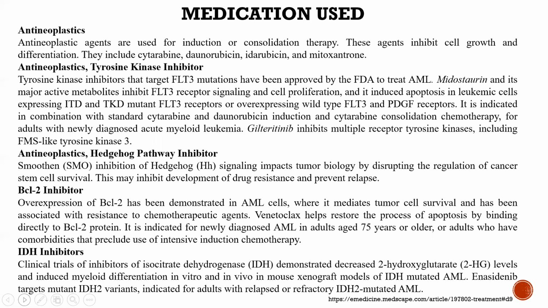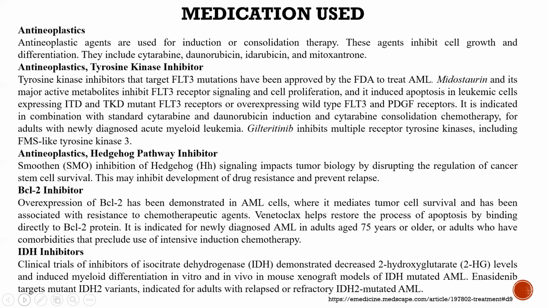It's indicated in combination with standard cytarabine and daunorubicin induction and cytarabine consolidation therapy for adults with newly diagnosed acute myeloid leukemia. Another representative of this type of drugs is gilteritinib, which inhibits multiple receptor tyrosine kinases, including FMS-like tyrosine kinase 3, leading to decreased cell proliferation and induced apoptosis of abnormal cells.